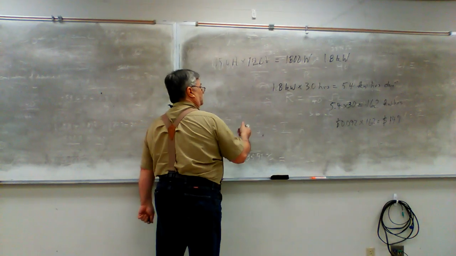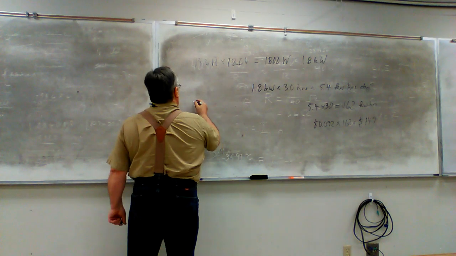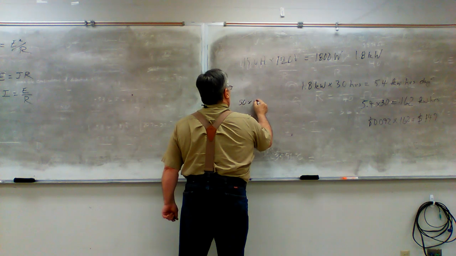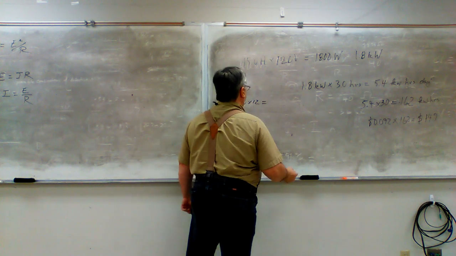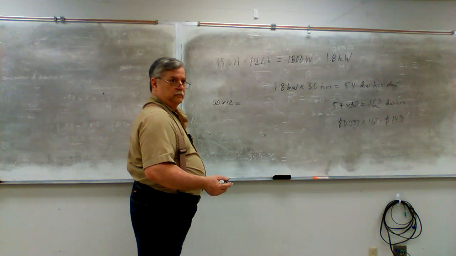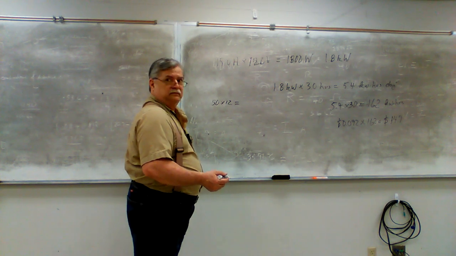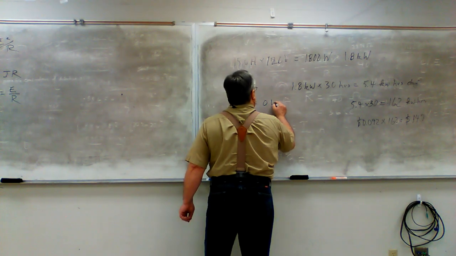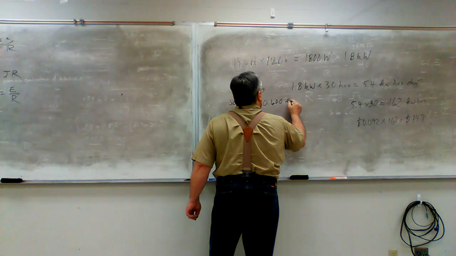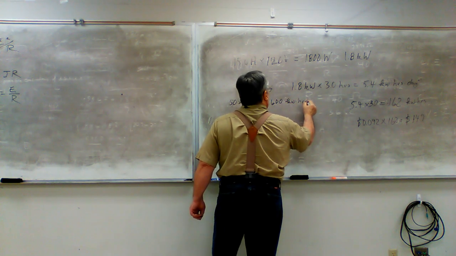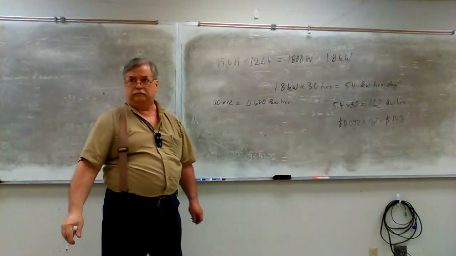It's a 50 watt bulb, so 50 watts times 12 hours is how many watt hours? Say again? 600? So it's 0.6 kilowatt hours per day.